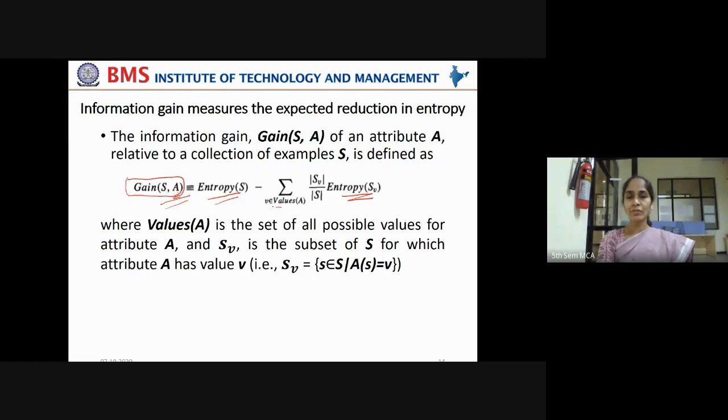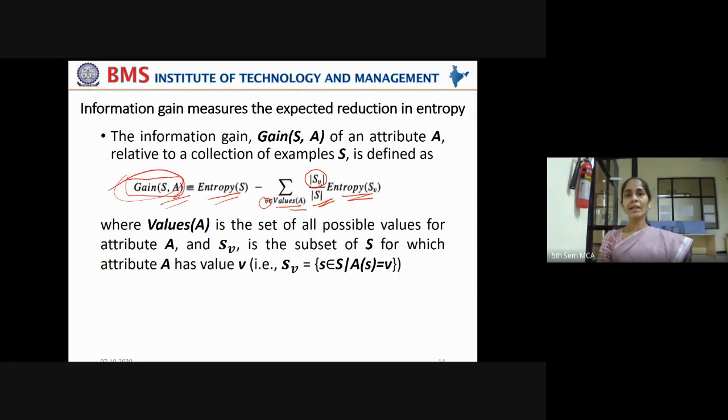See, v belongs to the values of A, the categories of A. When you take the training examples with that particular value for that attribute A, what is the entropy? That is calculated, and the difference between the overall entropy and the entropy with that particular attribute will give you the information gain.